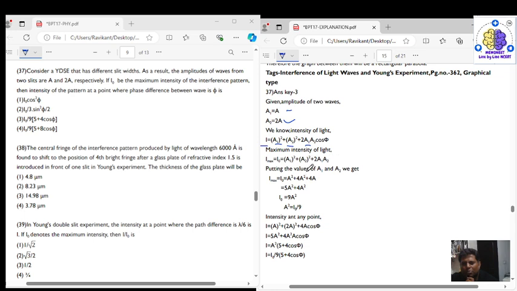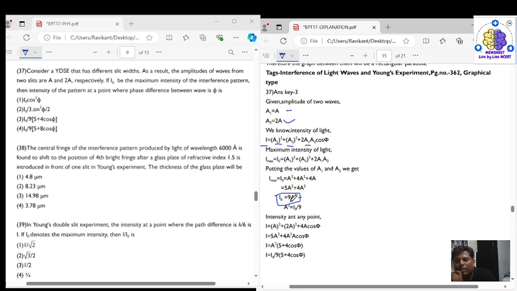Putting the values and solving it, we get I maximum is equal to 9A square, and they are saying that I maximum is equal to I naught. So it means that I naught is equal to 9A square, right? That is, if the amplitudes are A and 2A, then the maximum intensity for the maxima will be equal to 9A square.